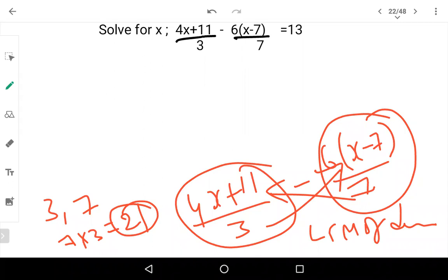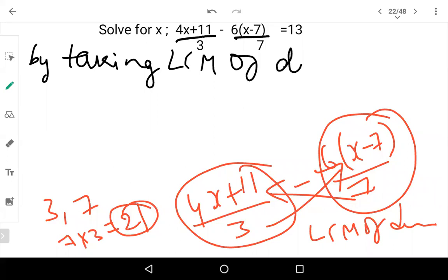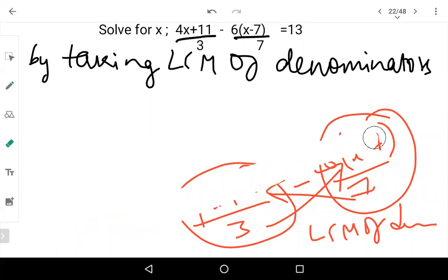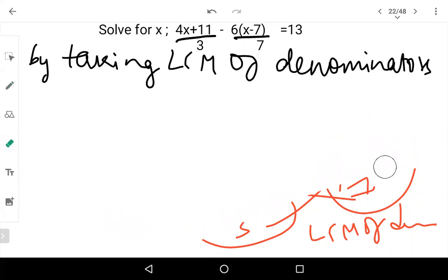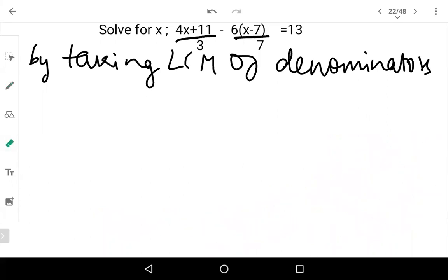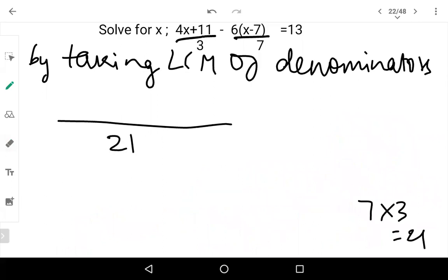So what we are going to do here is, by taking the LCM of the denominators, 7 threes are 21. So 21 will be our LCM.